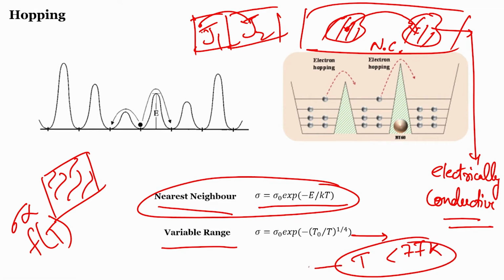This is not a very standard value. I am just giving you a rough idea of what a low temperature could mean. And at this temperature, the thermal vibrations are to a large extent quenched, and that's why variable range hopping is the preferred mode of transport.